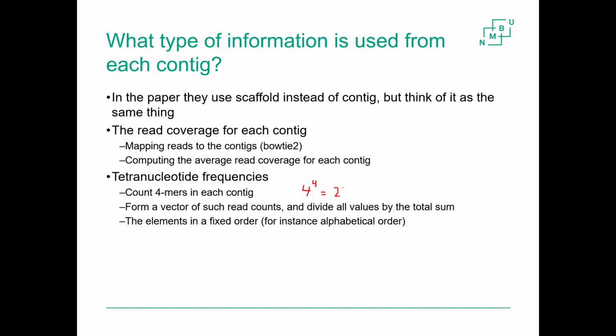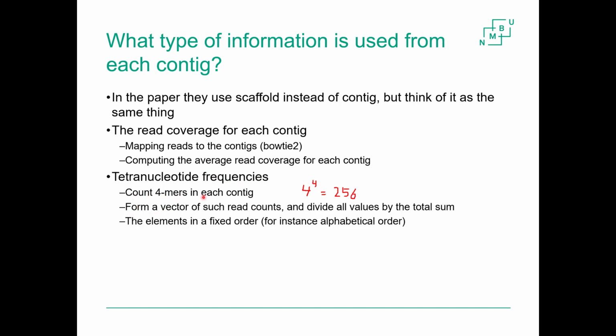So here we only look at these 256 4-mers and count how many times we see each one of them in each contig. And the reason we have to use fairly short k-mers for this type of idea is that we need all contigs to contain virtually all of them, because we are looking at the frequencies, right? How often they occur.